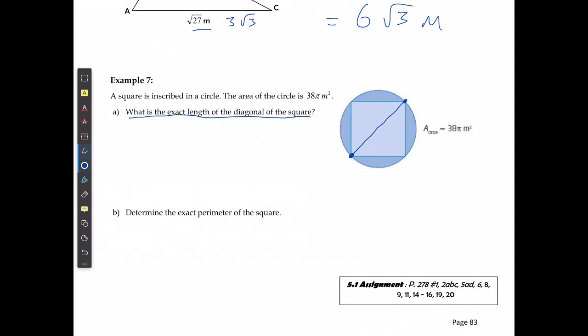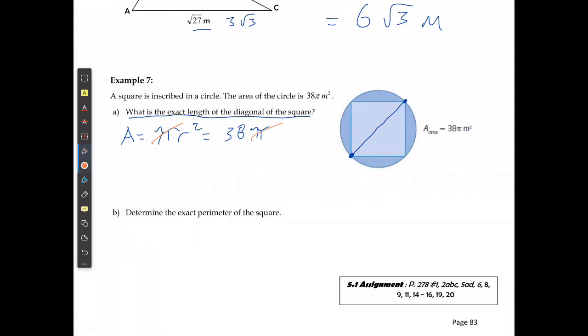So, if I know the area, which is the same as pi r squared, then I can say if 38 pi is equal to pi r squared, then I divide both sides by pi, and that's going to cancel out.